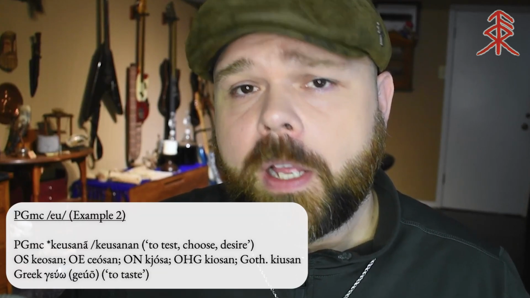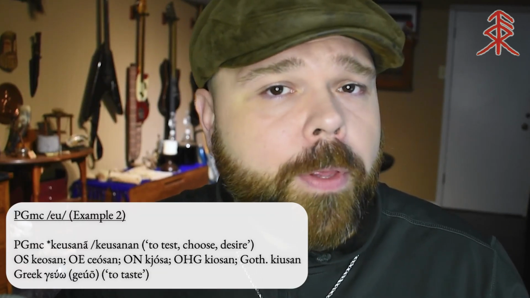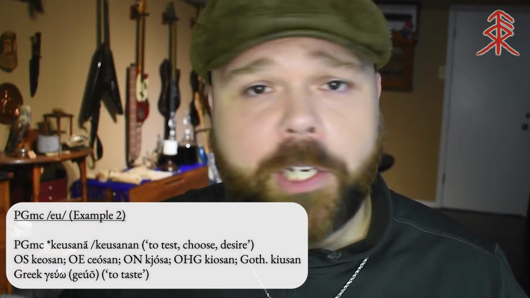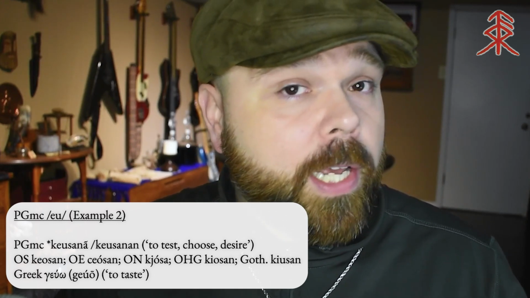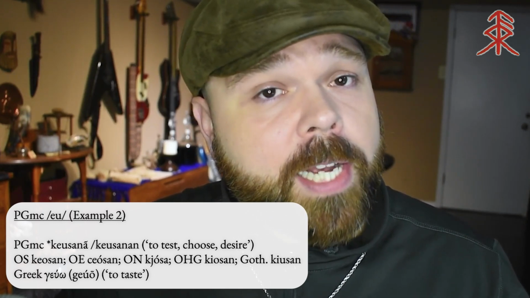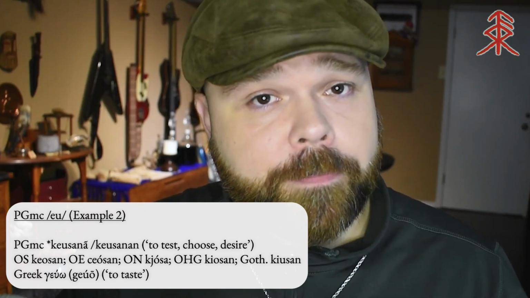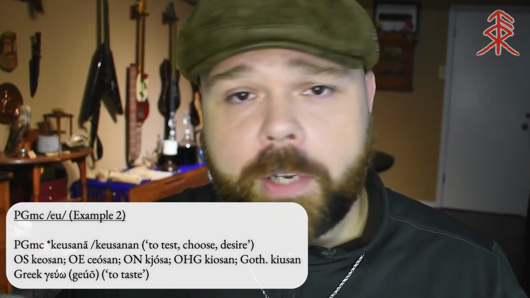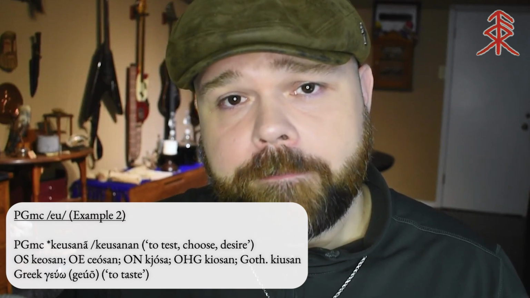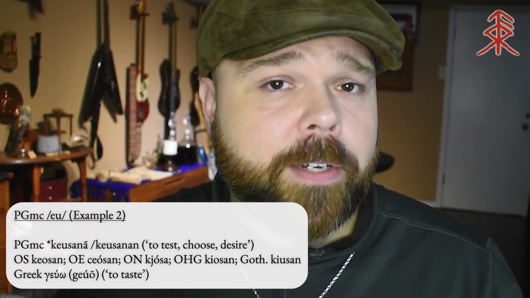So now we have the Proto-Germanic verb to choose, kausana or kausanan. Again, depending on your reconstruction, but let's look at the reflexes. In Old Saxon, we see kausan, just like we saw previously with thaudan, right? So we're still seeing the systematic shift.